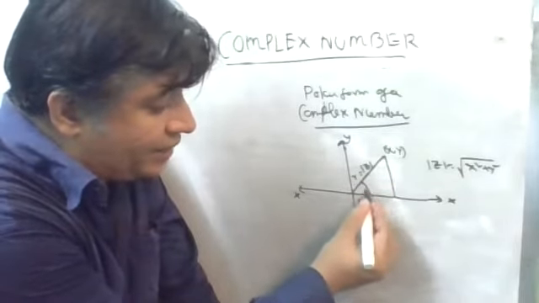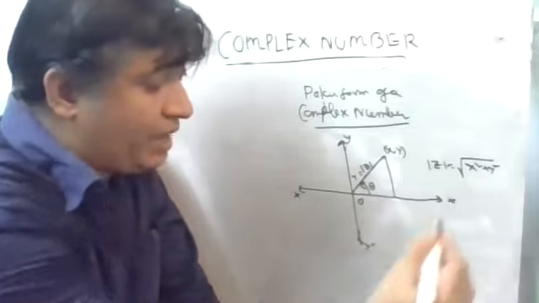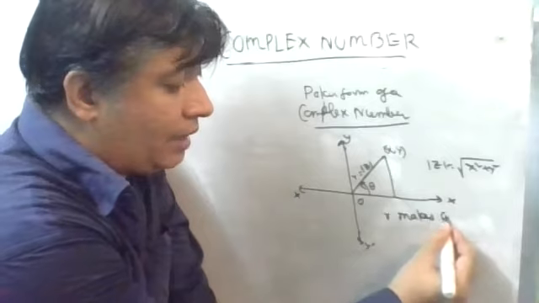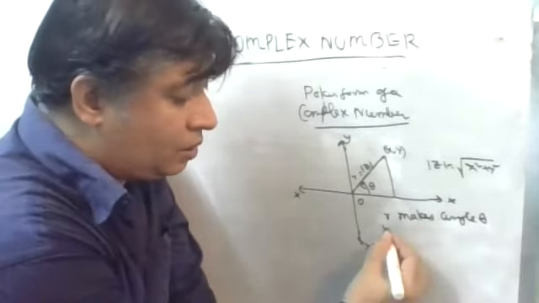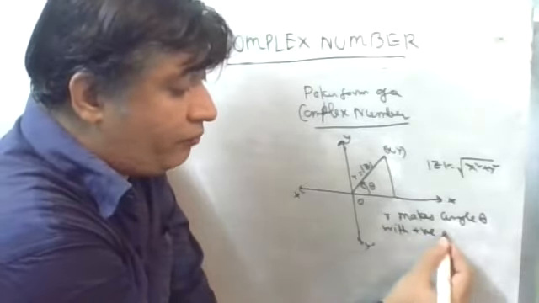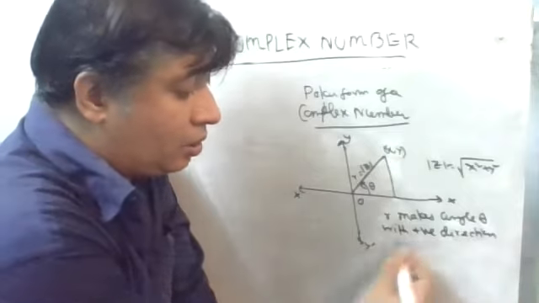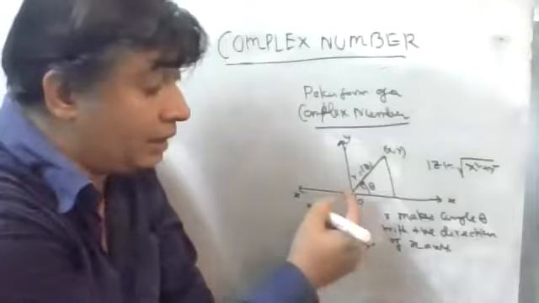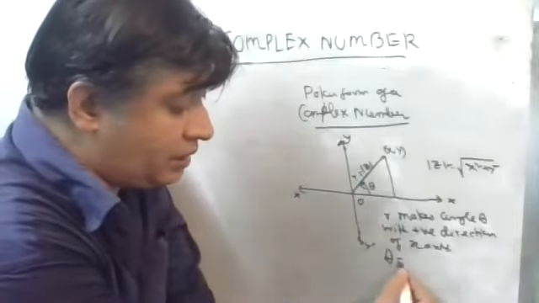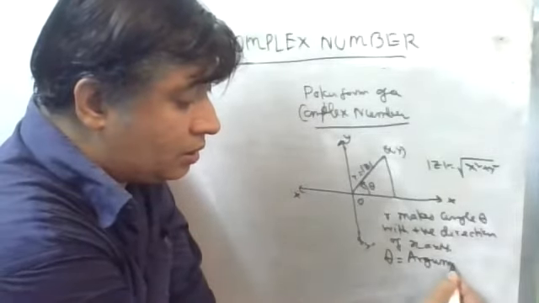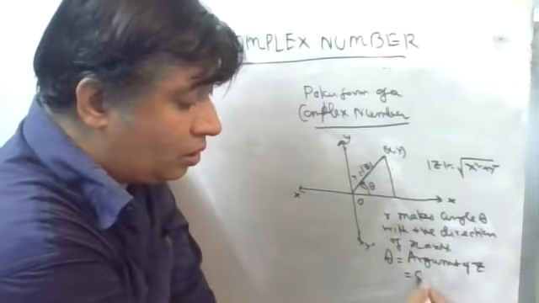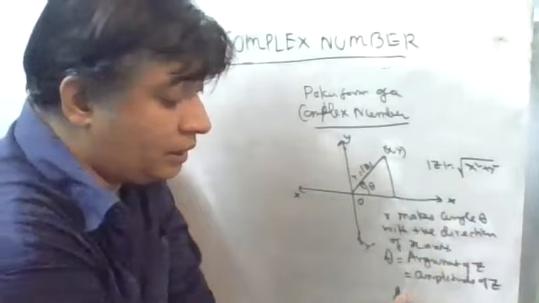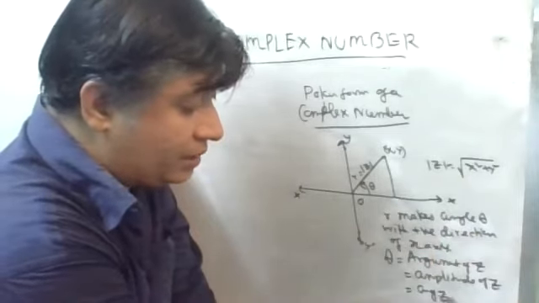Now this r makes angle theta with the positive direction of the x-axis. Okay. Now this theta is called the argument of z or amplitude of z. Okay. In short, arg z.